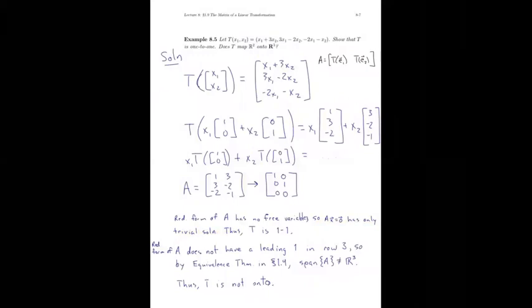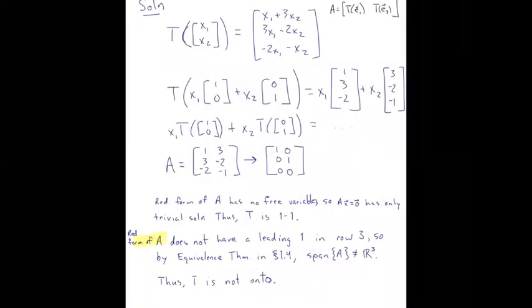Now, the reduced echelon form of A does not have a leading 1 in row 3. We look down here and realize, okay, row 1's got a leading 1, row 2's got a leading 1, so far so good. And then we get to row 3 and realize one of our rows does not have a leading entry or a pivot position, however we might want to call that.